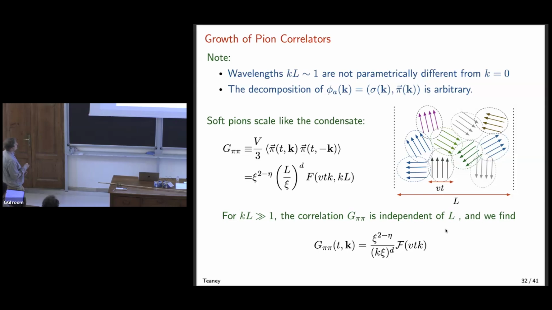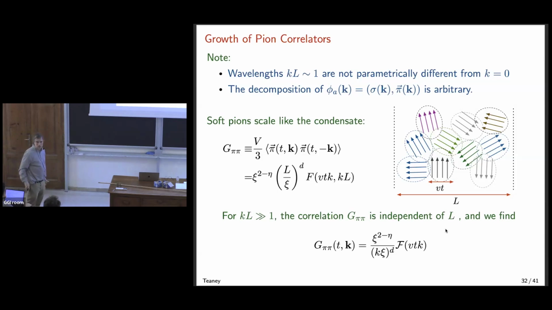And so the naive thing would say that G pi pi, right, which is the equal time pion expectation value, should grow like this same scaling form, like L over ξ to the d times a function of vtk and kL, right? And now if you then take the limit that kL is much, much greater than 1, right?